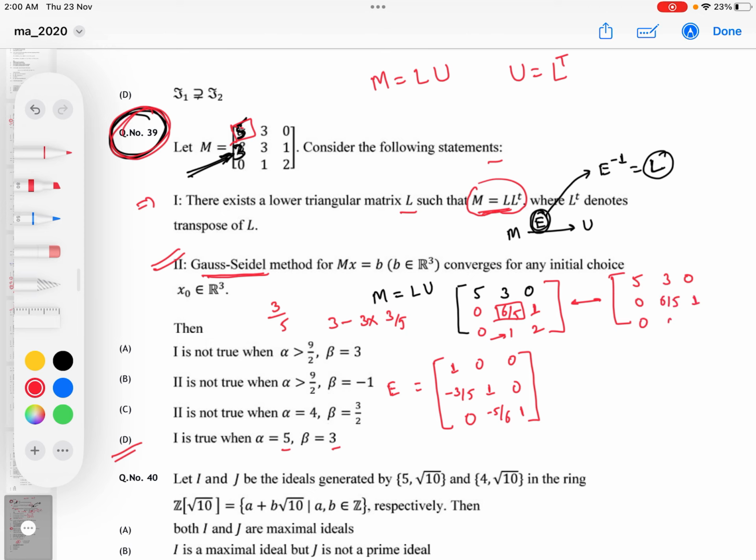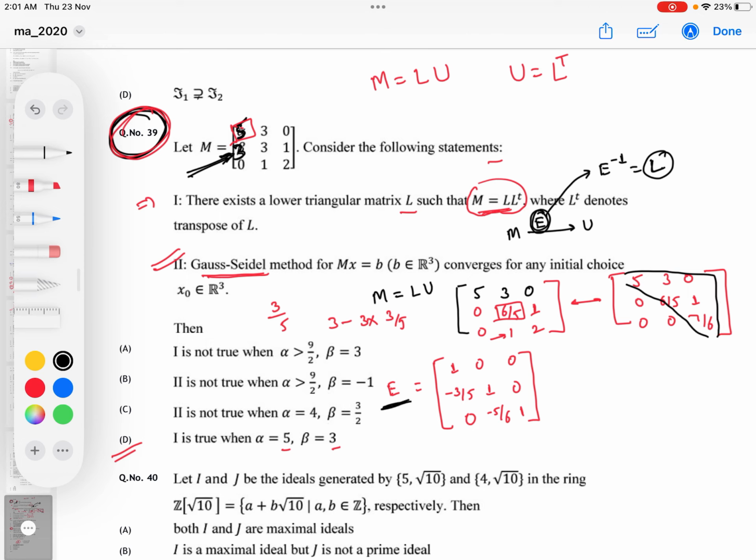Here it will be 0, here it will be 0, and what we have done is 2 minus 1 into 5 by 6. So here we will get 12 minus 5, that is 7 by 6. If you look, this matrix is upper triangular, right? This one is upper triangular.